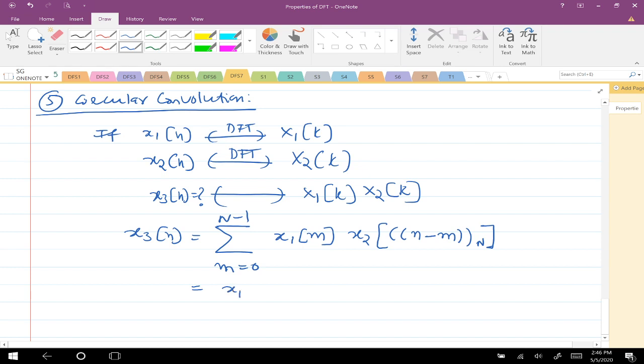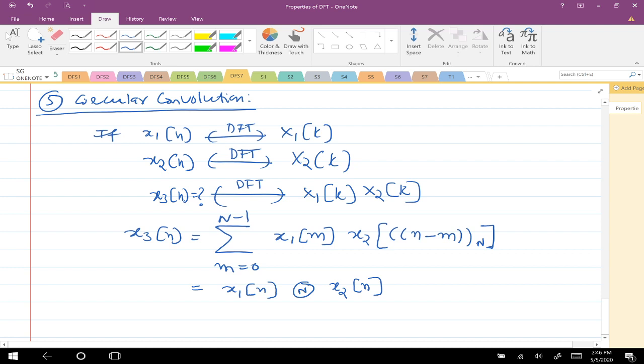In this circular convolution you need to mention with what point DFT the convolution is done, so within the circle you write capital N. That means it's an N point circular convolution.